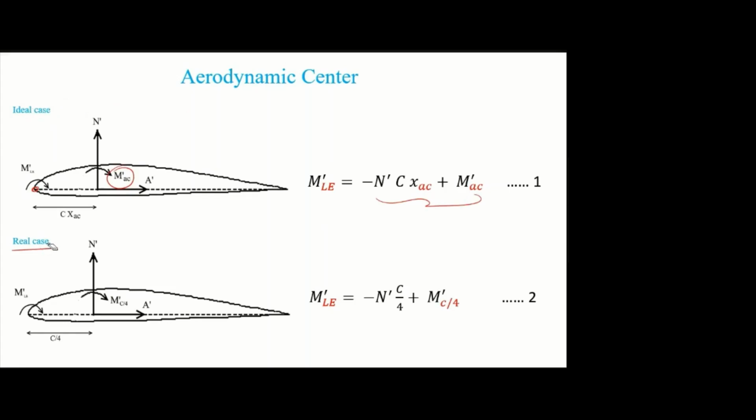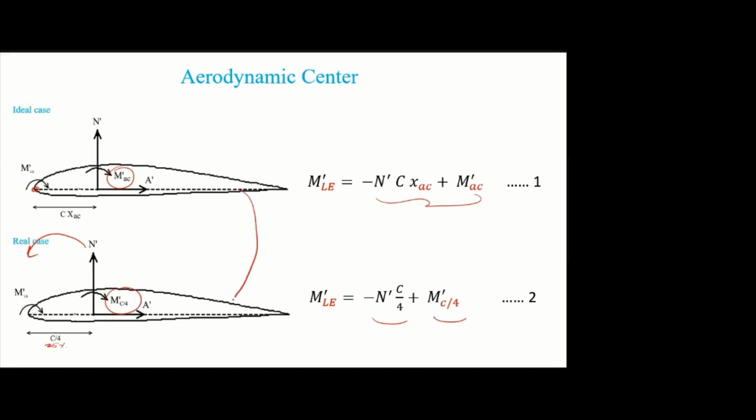Then for the experimental case, because we don't know this N dash, A dash and so on, to find that we go for experimental analysis. We have to fix the aerofoil at some reference point. We are taking 25% as the reference point. Through that we find the normal force, axial force, moment about that point and so on. Now again we can write the moment equation: minus N dash into c by 4 plus M dash c by 4.